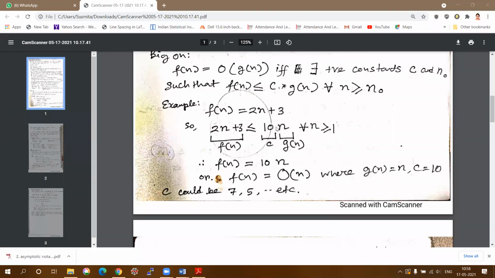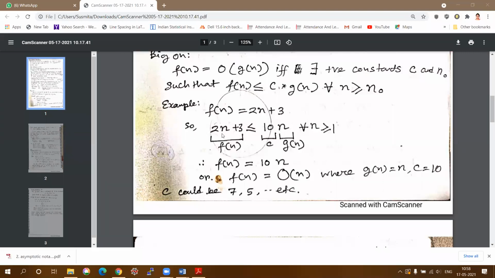Any whole number from 4 onward, if I consider it as the term instead of 10, it will work, right? So now what is happening here?